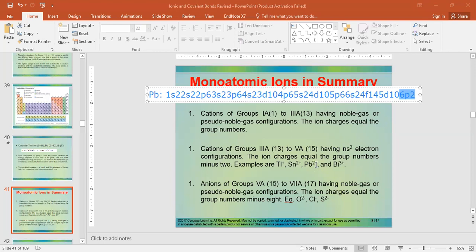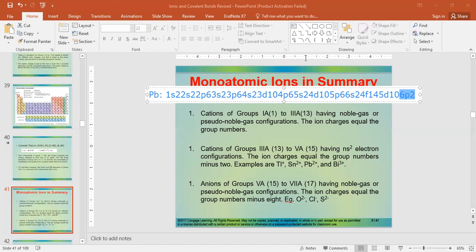There's something we call the inert pair effect. So that when you have an s2, it is too difficult to remove or to transfer the electrons from an s2 orbital, especially in these particular elements that have high atomic numbers.